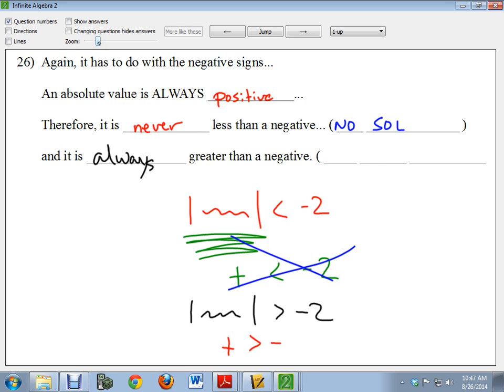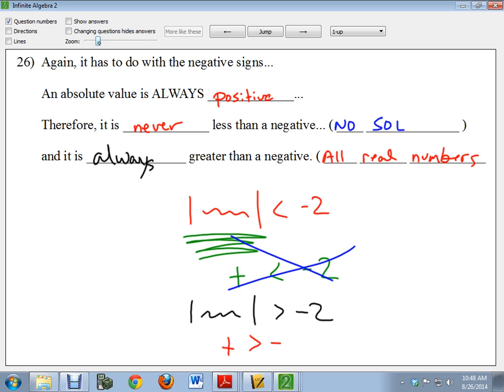There is no value that you can put inside the absolute value bars that, once I calculate it, will be a positive, and there is no value that will make it somehow magically smaller than a negative. So this is an example of all real numbers, because no matter what you put into the absolute value bars, it will always be bigger than a negative. And those are the special cases.